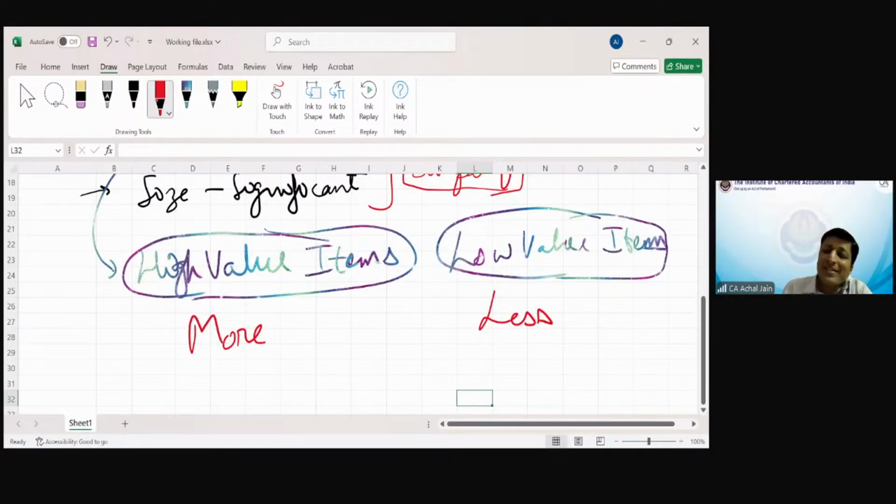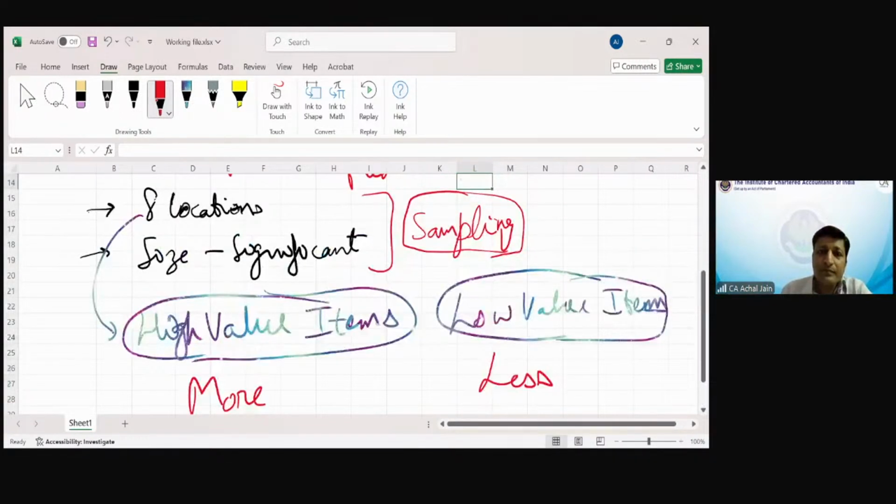Now, how does this approach work? So, let's suppose there are 8 locations, and the auditor covers 5 locations. Let's suppose 3 locations are left altogether, not planned at all.